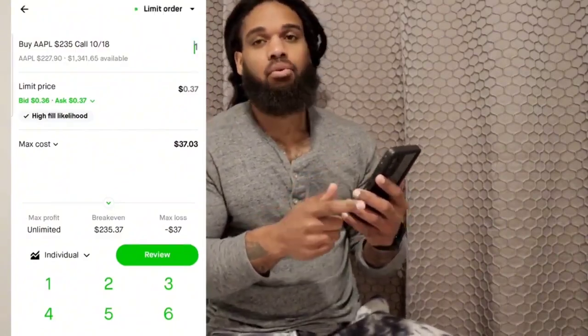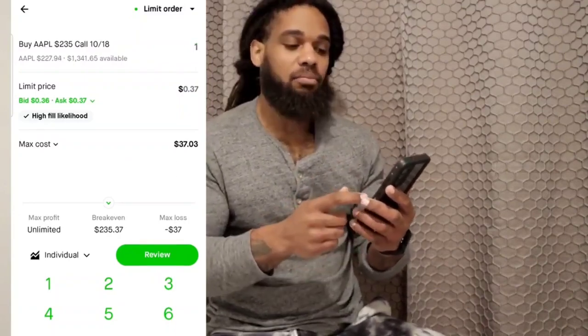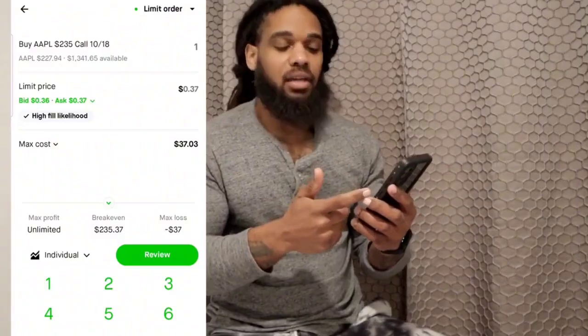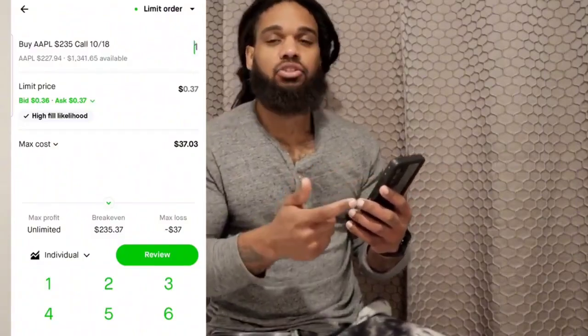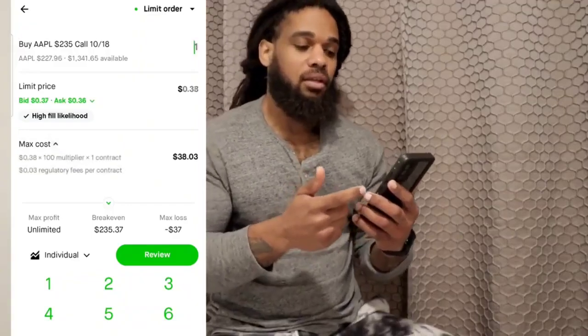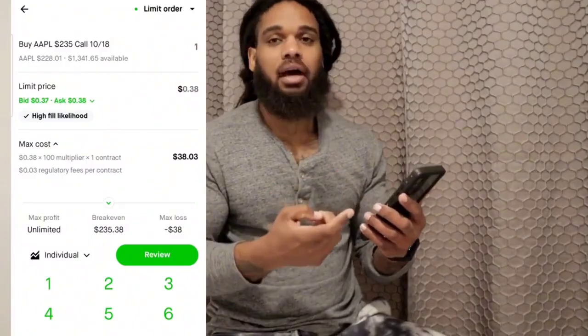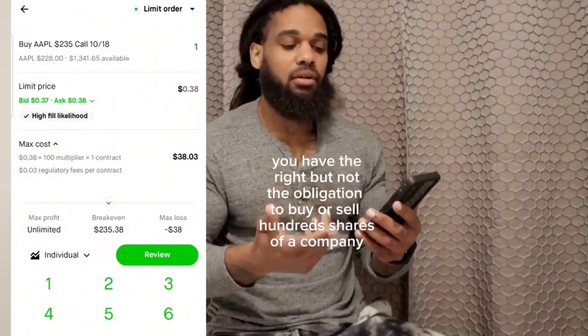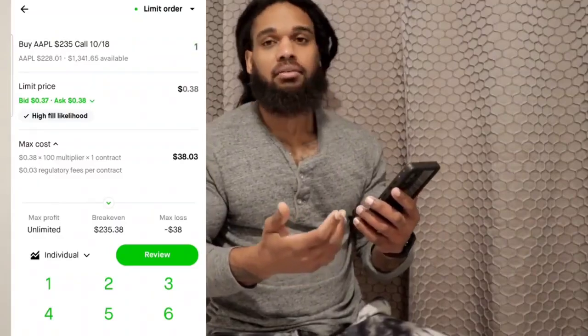When it says 0.37, it's not 37 cents. It's going to be $37, because in options you have to get 100 shares per contract in order to get the option.